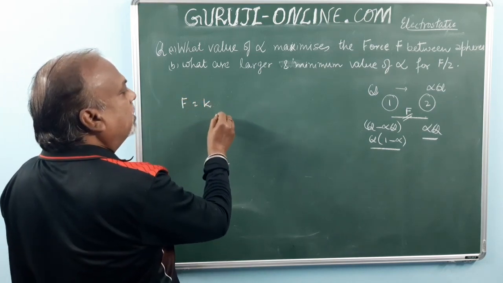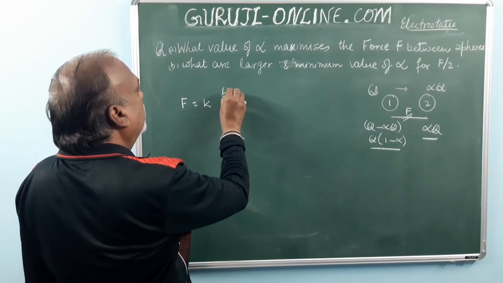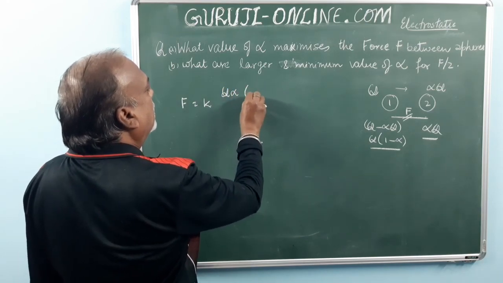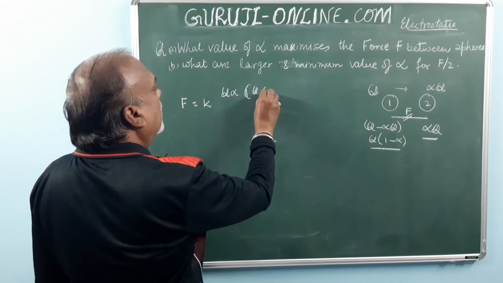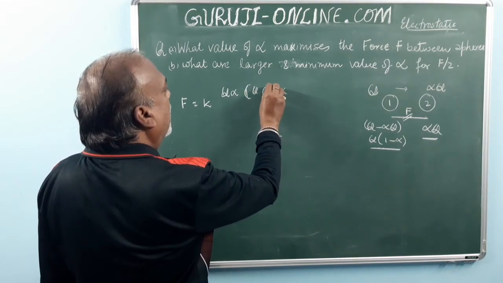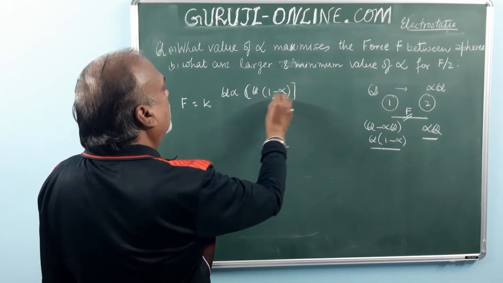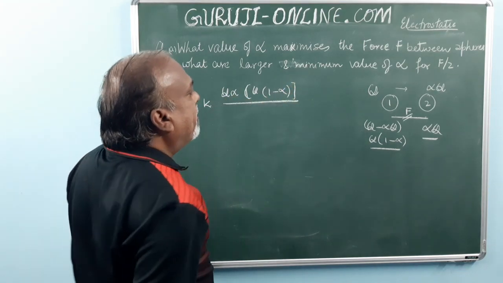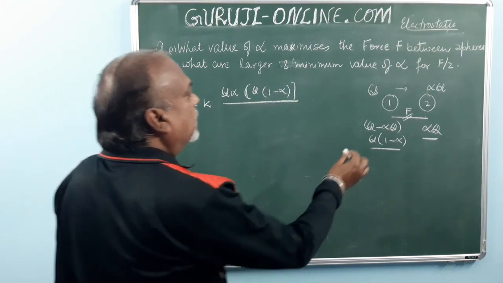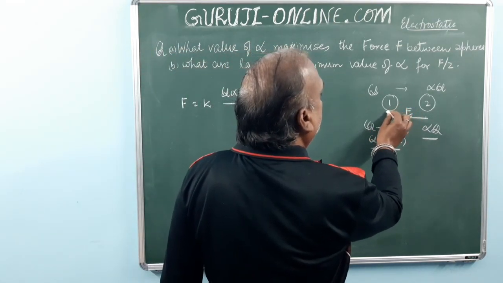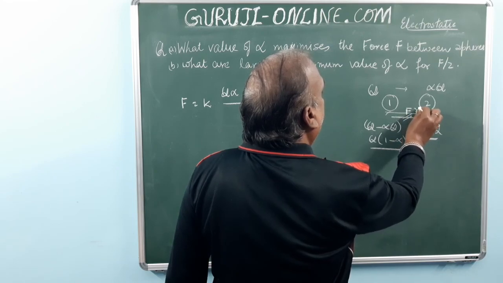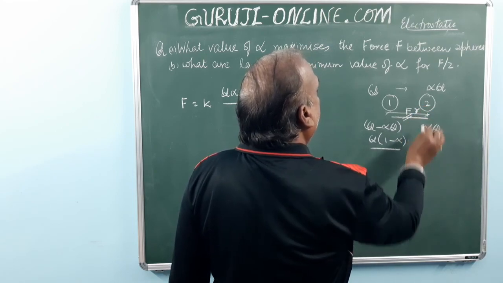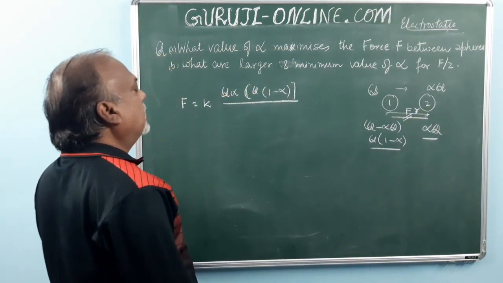K Q alpha, Q 1 minus alpha, divided by, well, this is r distance, this is given and this is fixed.